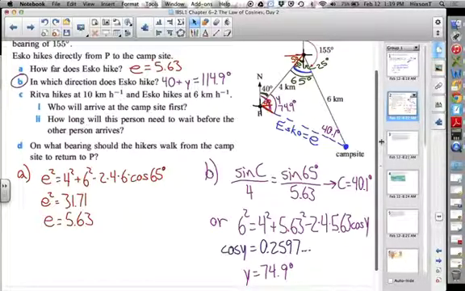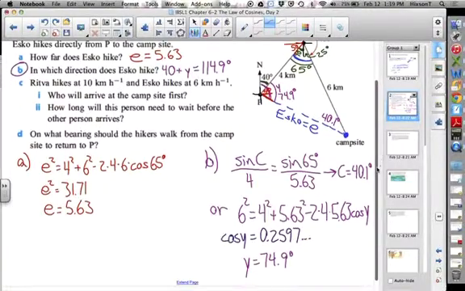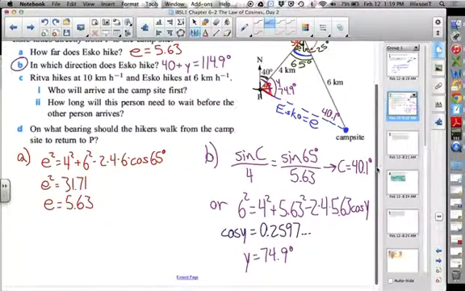How far does Ritva have to go? 10 kilometers, right? So here, let's look at C down here. We'll do C in green. All right.